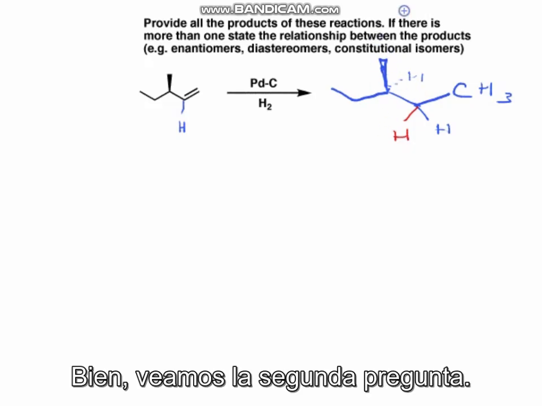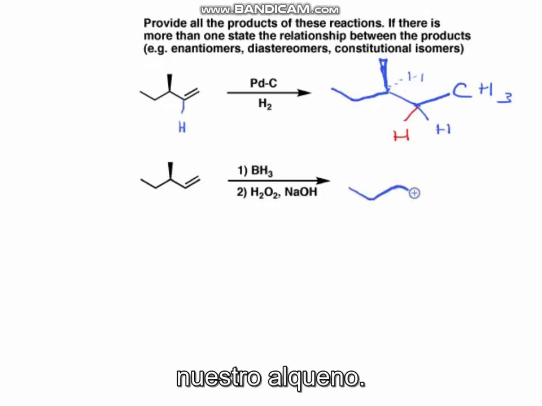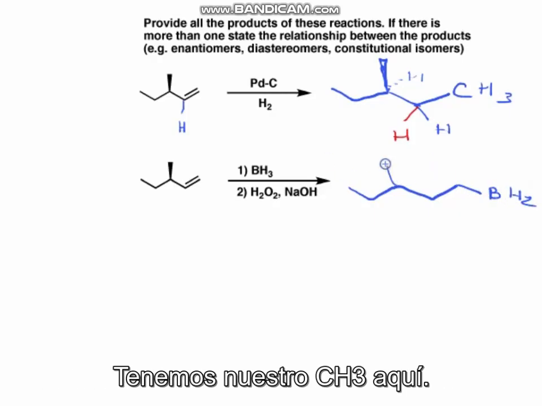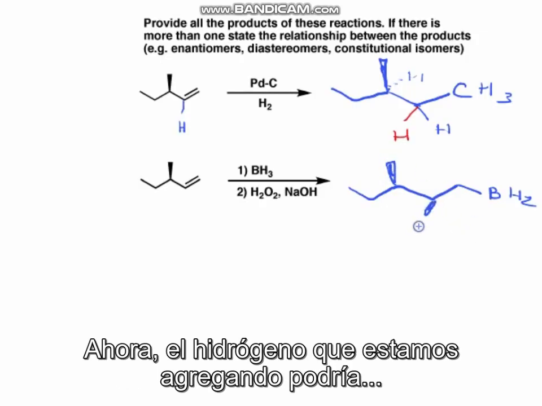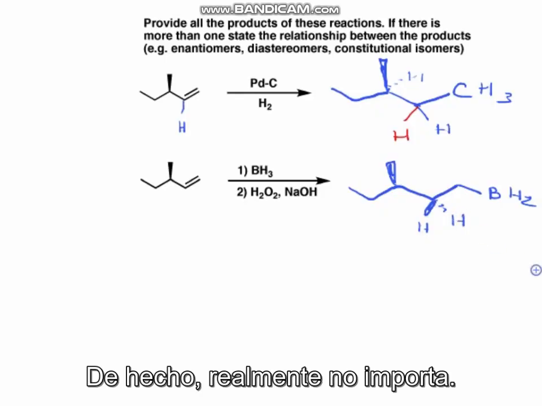Okay, let's look at the second question. In this example, we're adding BH3 to our alkene. Initially, we will form BH2, and we'll have our CH3 here. Now, the hydrogen that we're adding could either be a dash or a wedge. In fact, it doesn't really matter.